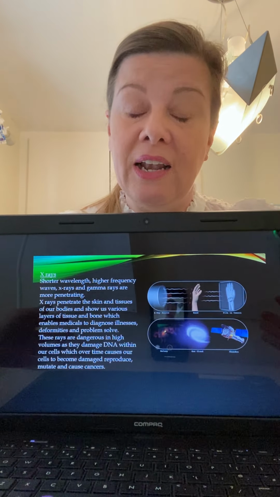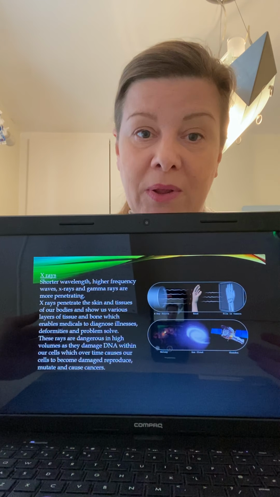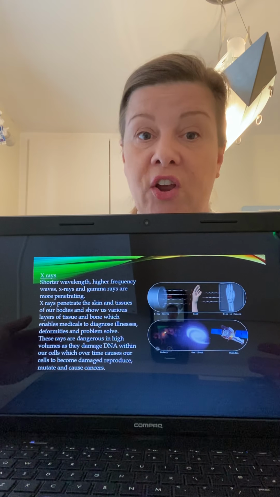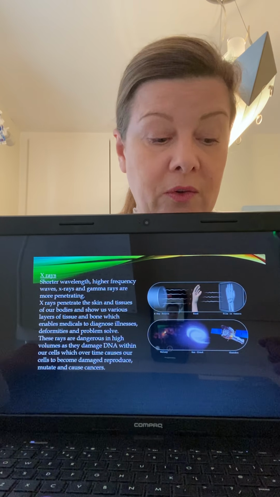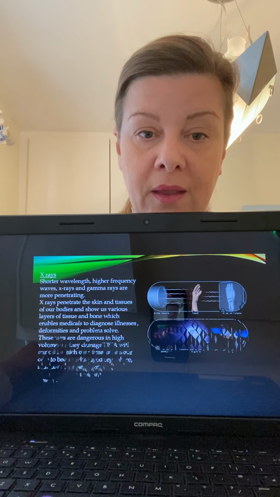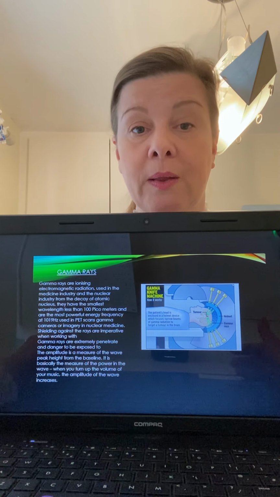Again, high levels are not good for us. Radiation in the body needs to be monitored because of the degeneration of cells, which can then mutate and cause cancers. And we finish off the presentation talking about gamma rays.